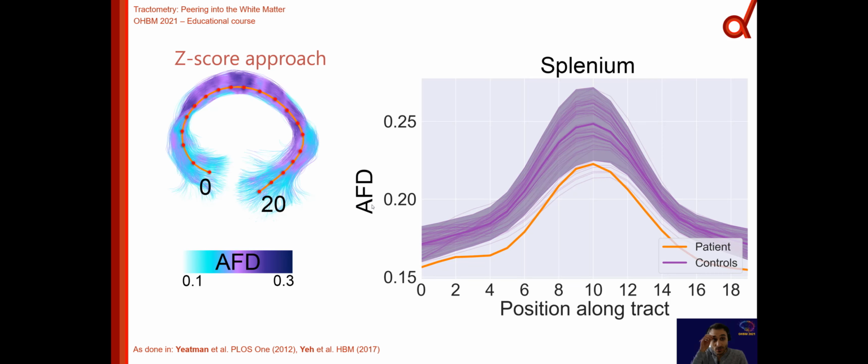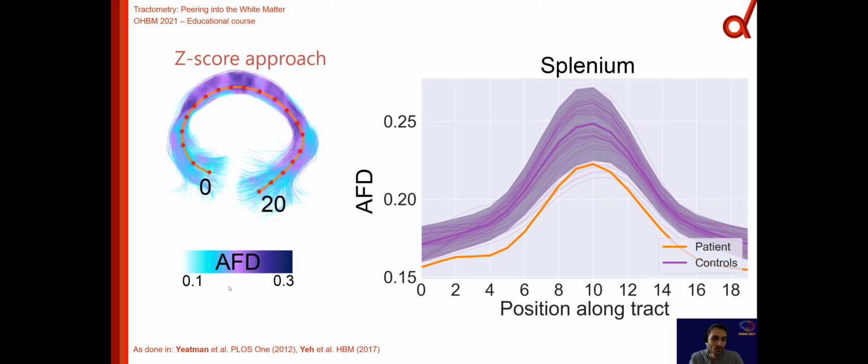And this can actually be done with track profiles quite naively, because imagine you sample a group of healthy controls. Let's say you have 100 subjects, and you look at the mean apparent fiber density along the corpus callosum, and then you sample at 20 points, and you plot each of these subjects, so each of these purple lines here, as a normative distribution.